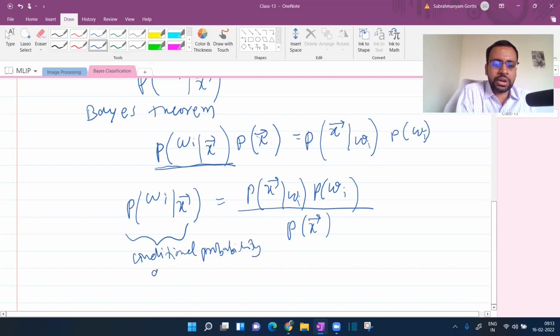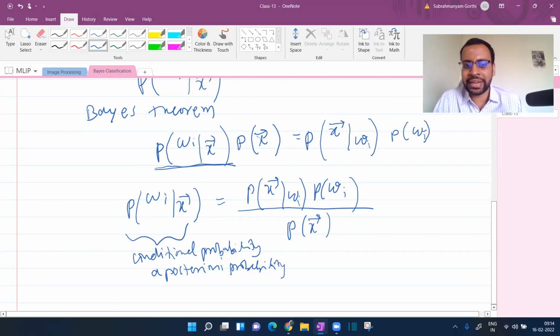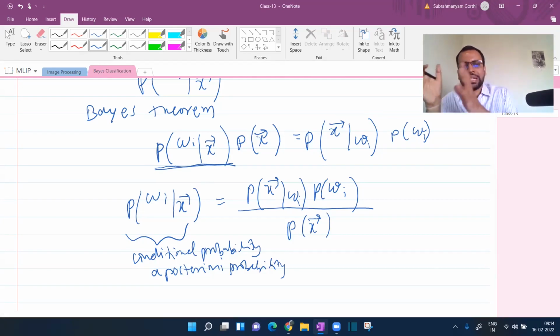Not posterior, you call it a posteriori probability. Conditional because given x bar, that's the condition there. A posteriori because the classes are already existing. Now you have the x bar, and from that you need to make an assessment.